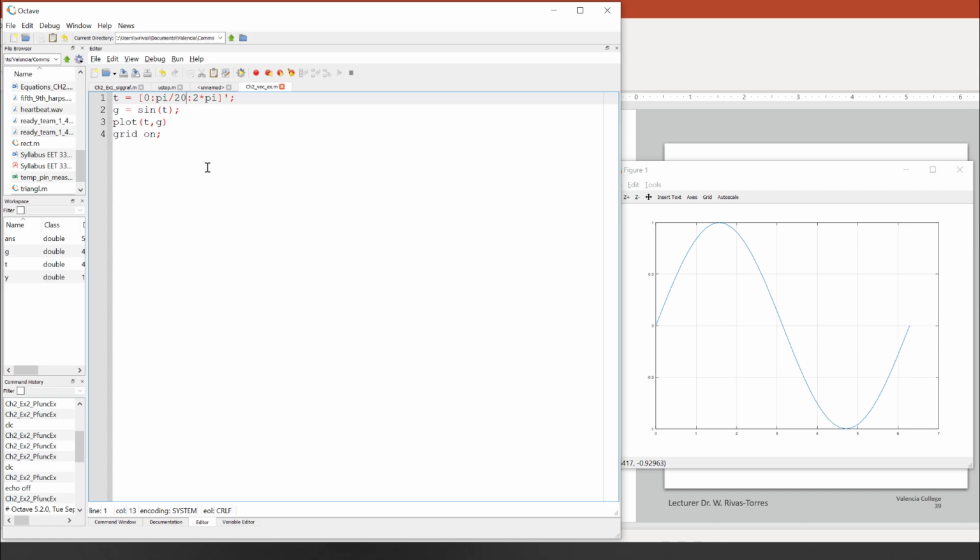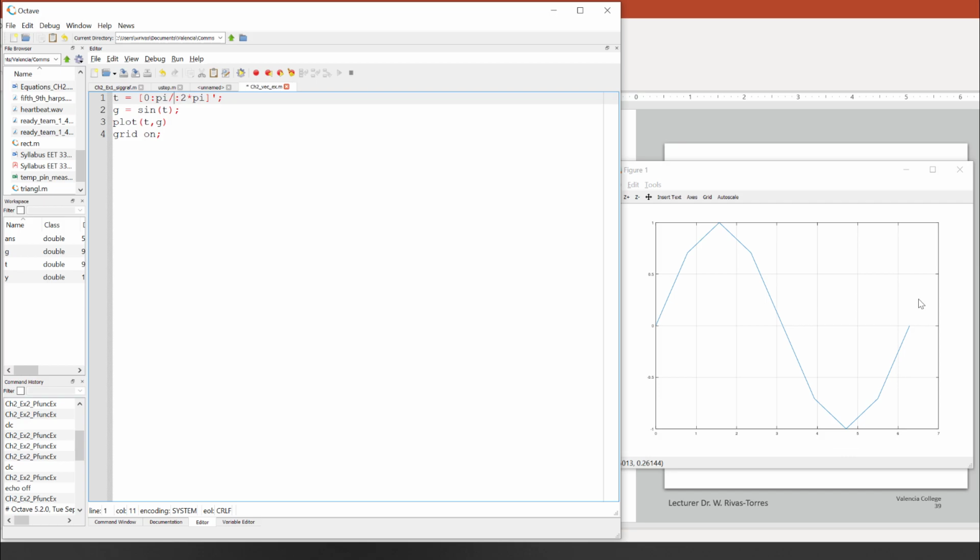In fact, instead of going to such a large number, let's just increase it by a factor of 2. So instead of pi over 2, let's do pi over 4. See, as we increase, the function looks more like a sinusoid. That's what it means when you take the limit as n goes to infinity.